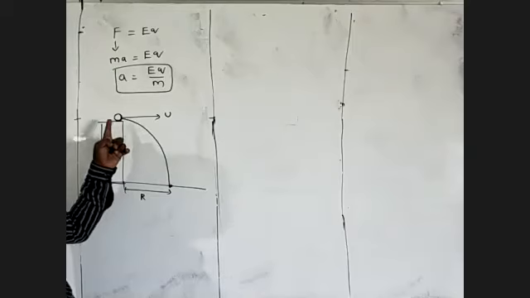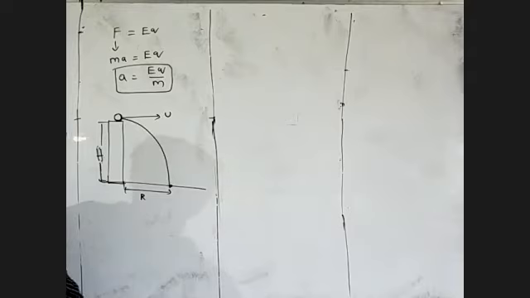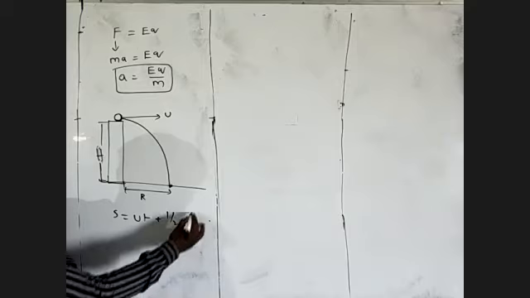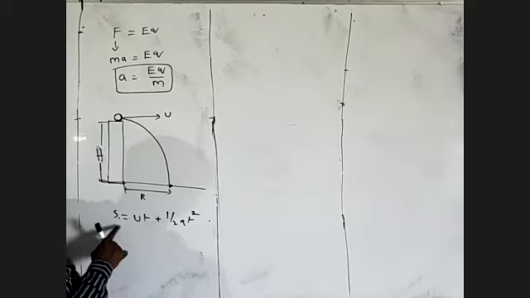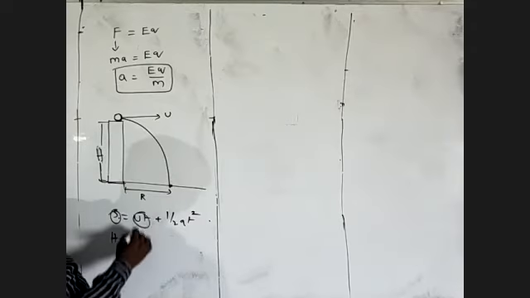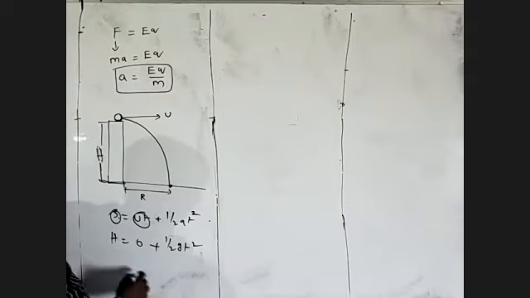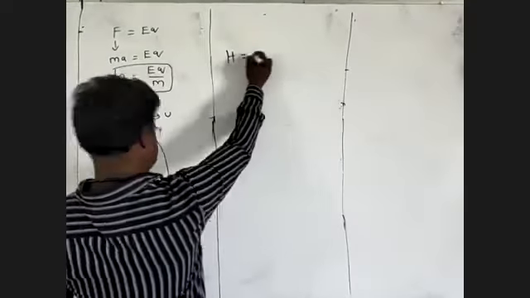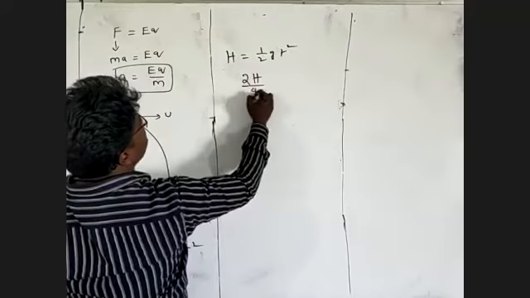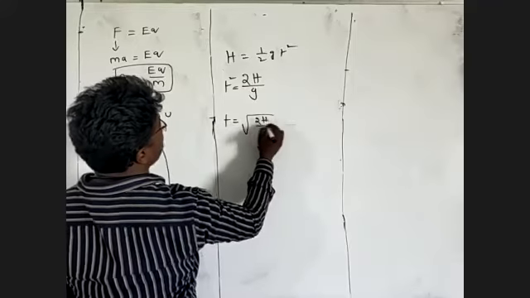How much time is taken for this body to strike here? We know that s equals ut plus half a t square, now in the y direction. Here s means displacement, the height, and the initial velocity is 0, plus half g t square. So h equals half g t square. Take to the side: t square equals 2h by g, so t equals root of 2h by g.